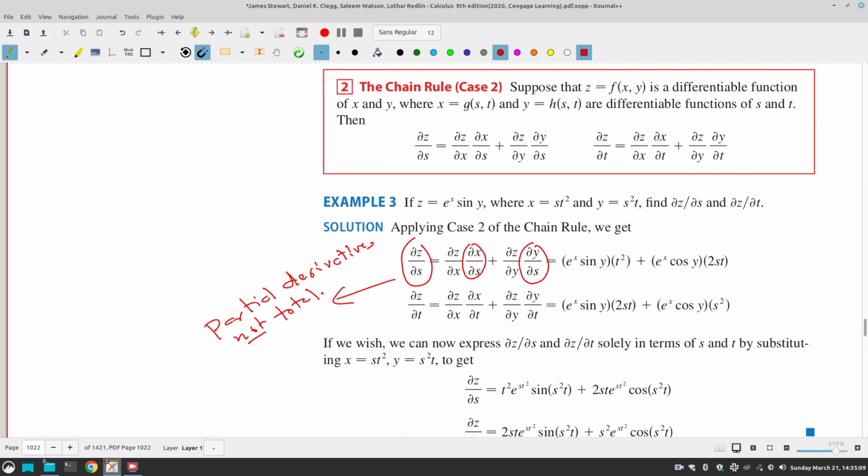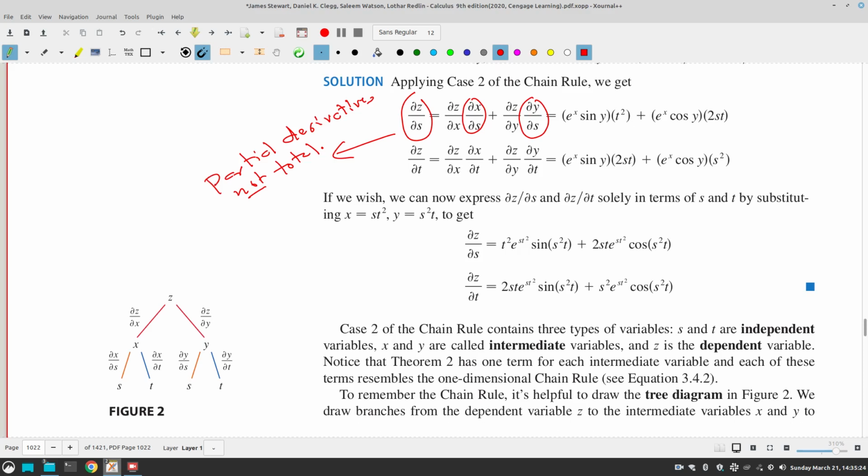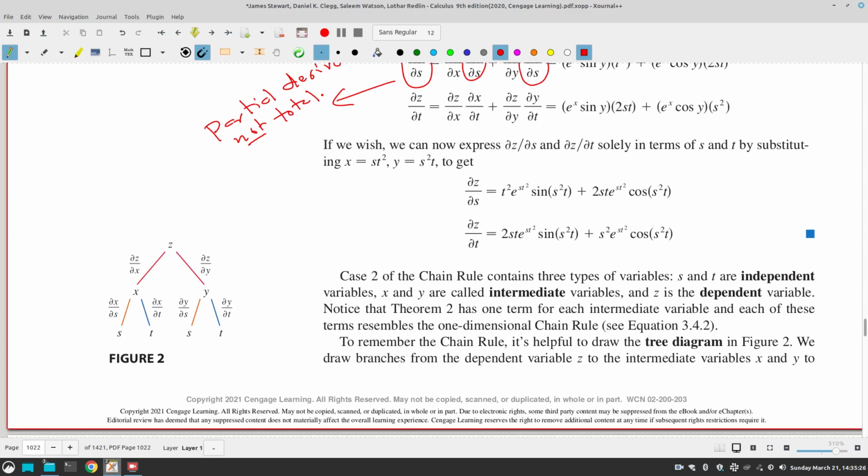And of course, you can always substitute x and y, which are functions of s and t, to get your derivatives as functions of s and t. So you can work this out yourself.